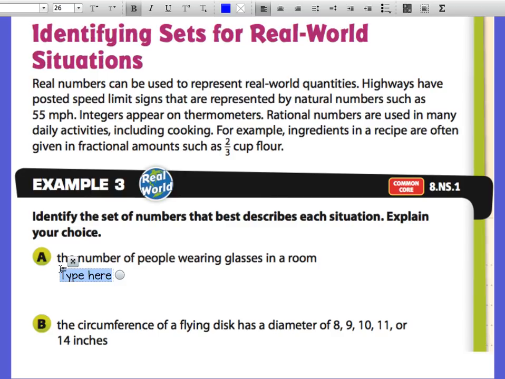All right, so since we can't have a half or a part of a person that's wearing glasses, and we can't have negative numbers, so we can't have negative people wearing glasses, we know that this would be represented by the set of whole numbers.